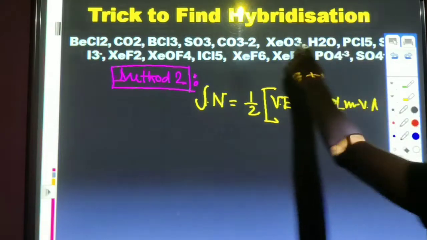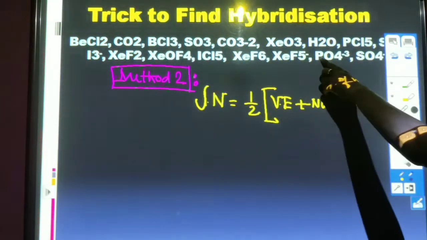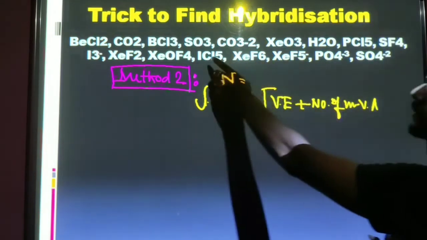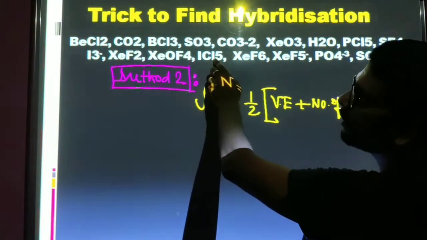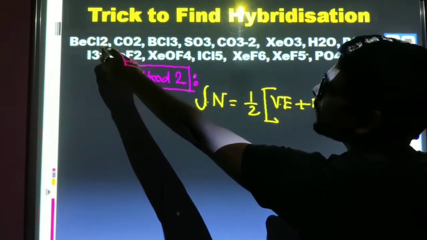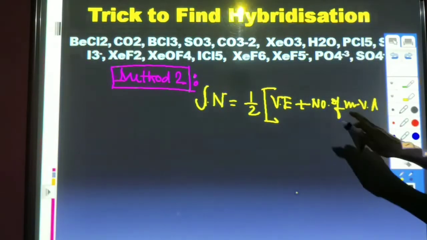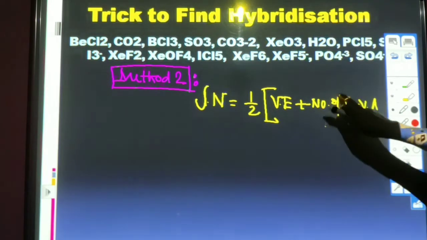Which are the monovalent atoms? Hydrogen is monovalent, fluorine monovalent, Cl monovalent, I monovalent; oxygen is bivalent. So we won't include oxygen here.